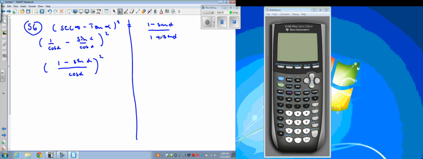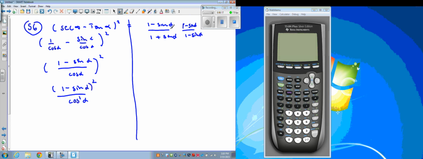Now you keep looking at this. I can square that numerator, can't I? And then I can square this denominator. Now what I can do here is multiply this by 1 minus sine alpha over 1 minus sine alpha.